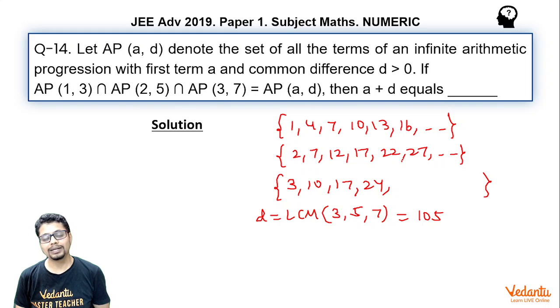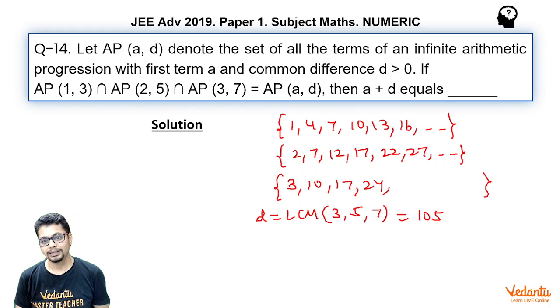The second sequence has numbers which when divided by 5 leave remainder 2. So if you keep writing the numbers of the third sequence till you reach a number which when divided by 3 leaves remainder 1 and when divided by 5 leaves remainder 2, you'd get the first common term between these three sequences.